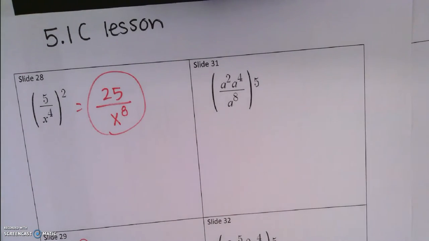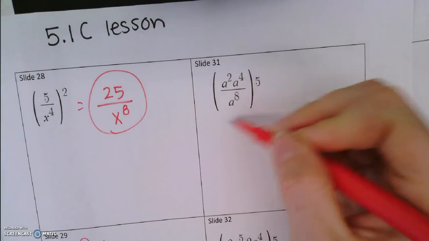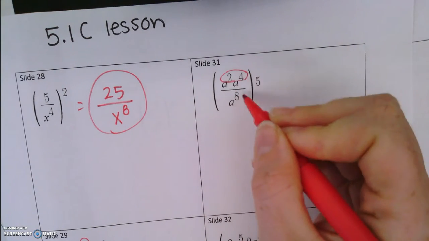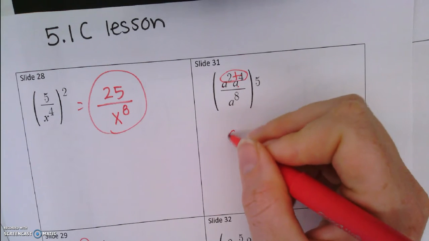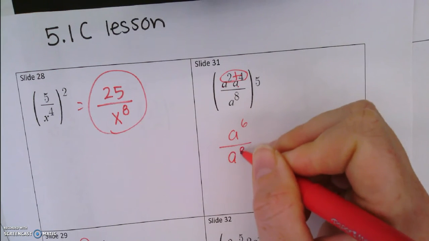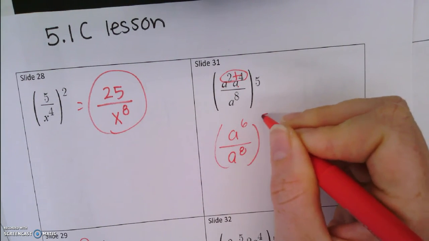Taking a look at slide 31, again, I'm going to simplify inside first. Here is a product of powers, so I'm going to add my exponents here, and I'll have a to the 6th over a to the 8th, all raised to the 5th power.